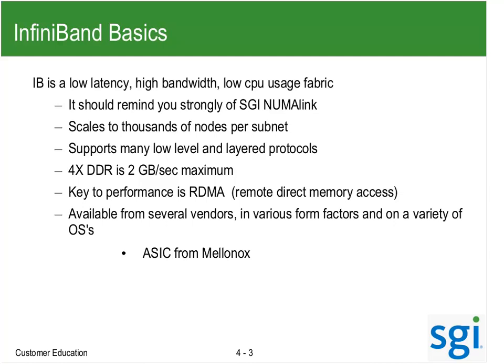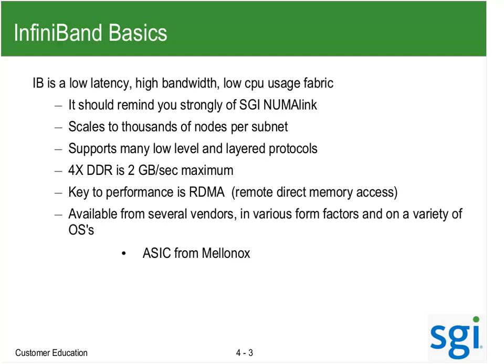NumaLink will still outperform InfiniBand in terms of latency, even NumaLink 3 or 4. Memory to memory is going to be your lowest latency. That's in the 500 nanosecond range, half a microsecond type of range. So InfiniBand is an open, non-proprietary standard versus NumaLink, which is SGI specific. Also, NumaLink allows us to build bigger systems.